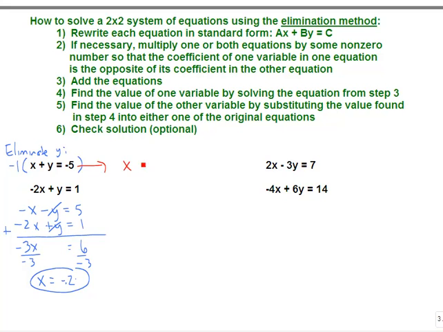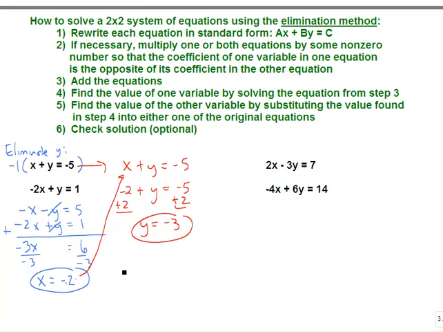So I'm going to recopy that equation, and now I'm going to substitute in -2 for that x. And if I solve this for y by adding 2 to both sides, we get y equals -3. So our two solutions are going to be -2 for x and -3 for y. So here's our final solution.